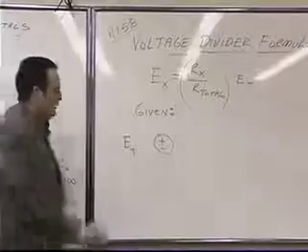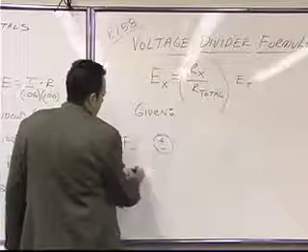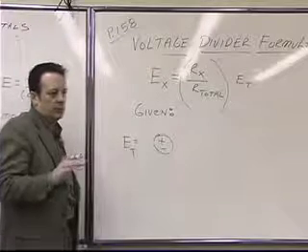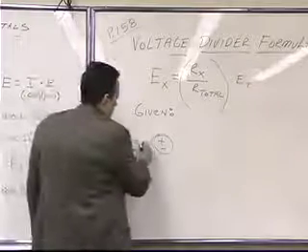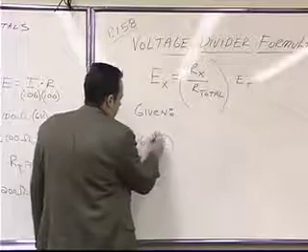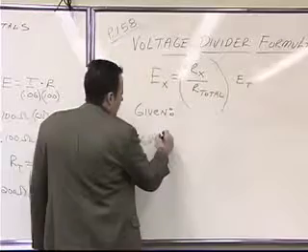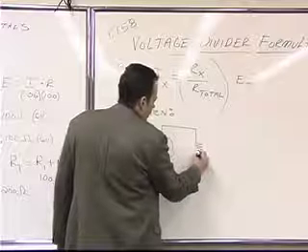All right, now let's say that we had a source voltage, and somebody give me just an odd number, not an even number. 62. 62 volts. And then let's say that we had two resistors that were in series.